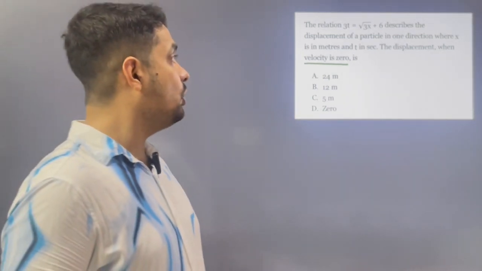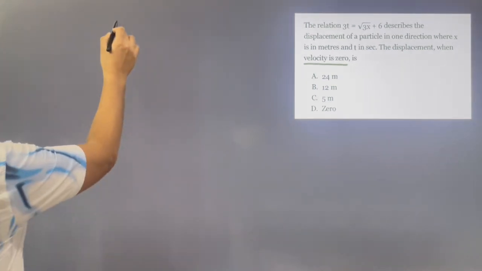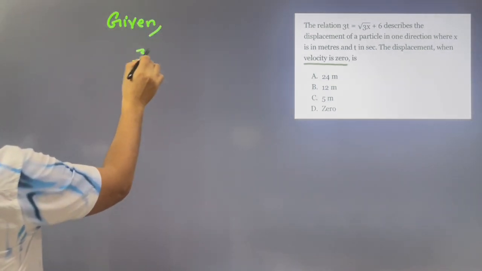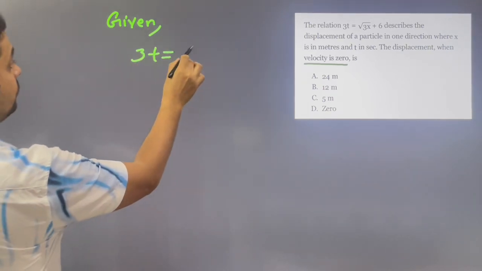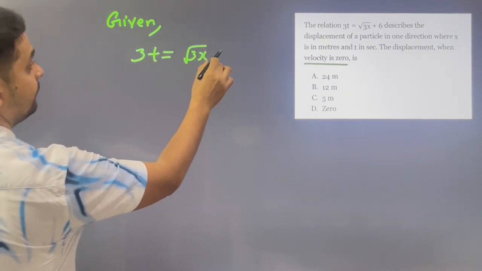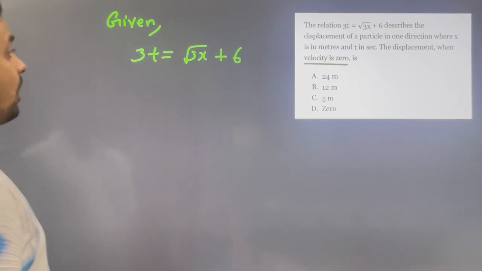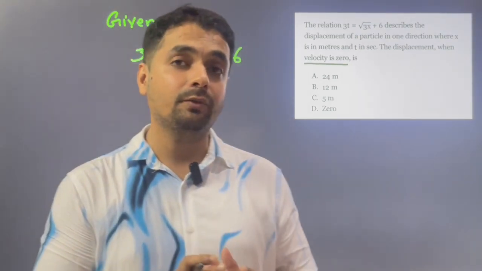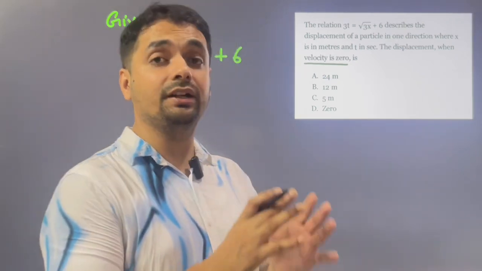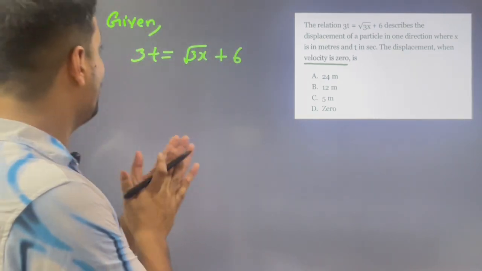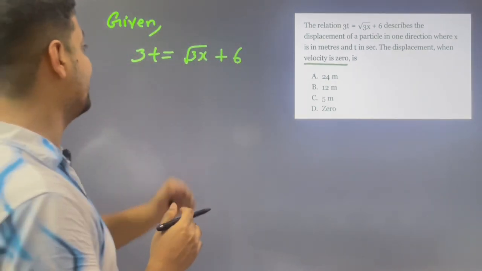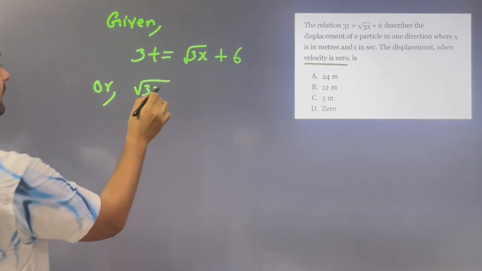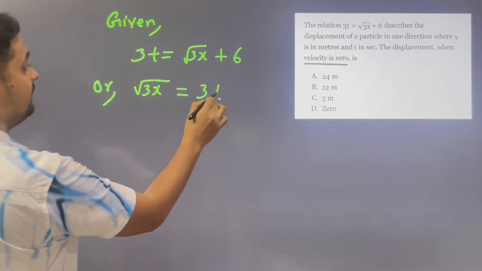So the given equation is 3t equals root 3x plus 6. So first, how to find the velocity? You know that if you know the displacement, you can find the velocity by differentiating displacement with respect to time. So first you find displacement. Displacement is x. So you can write this as root 3x equals 3t minus 6.